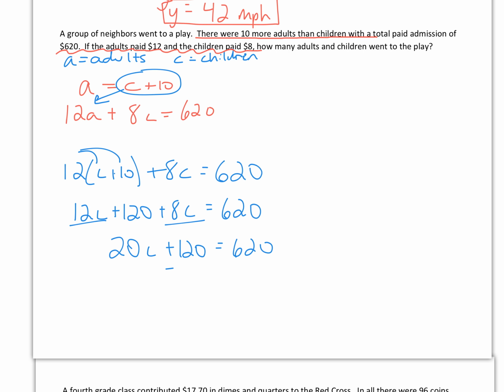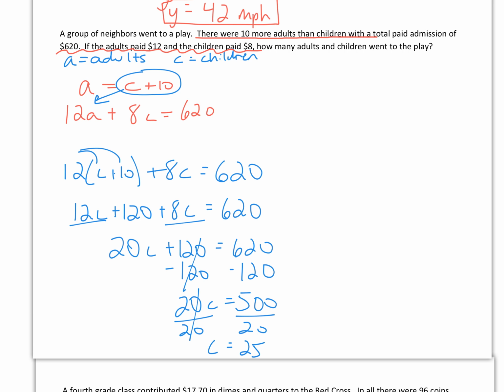I'm going to subtract 120 from both sides. 20C equals 500. And then from there, divide by 20, and you get C is 25.